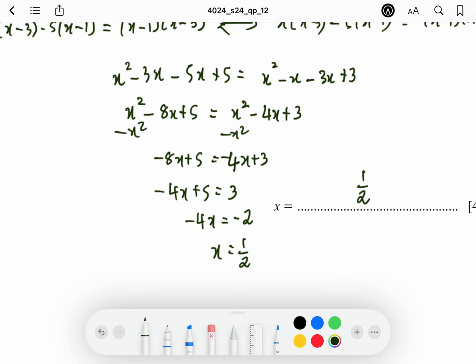So, you balancing satu-satu. Minus x square, plus 4x both sides, minus 5 both sides, divided by minus 4 both sides.